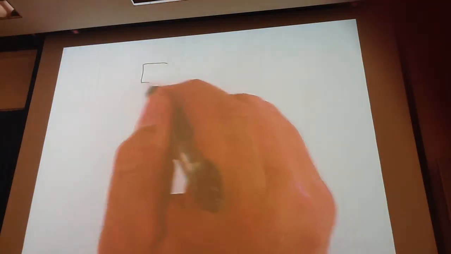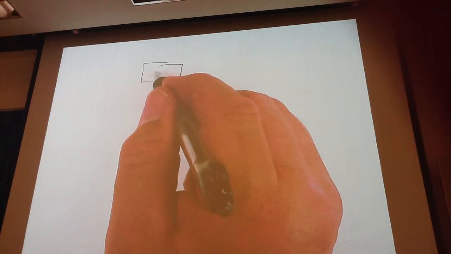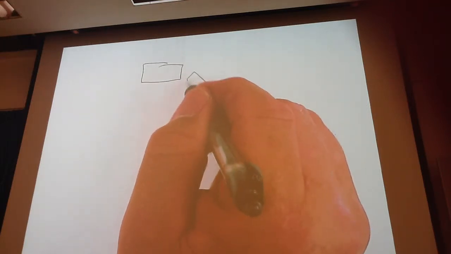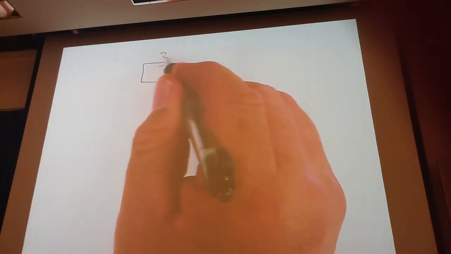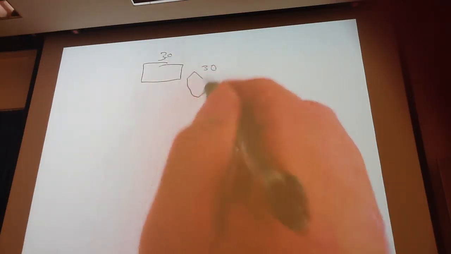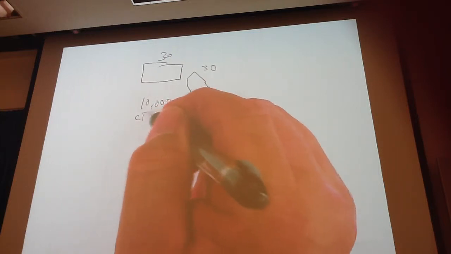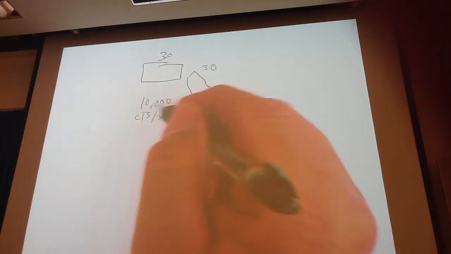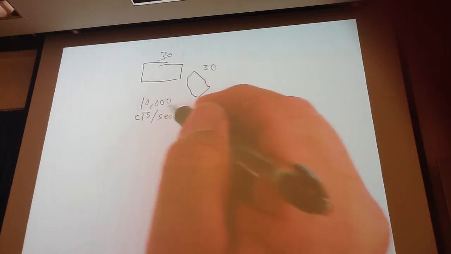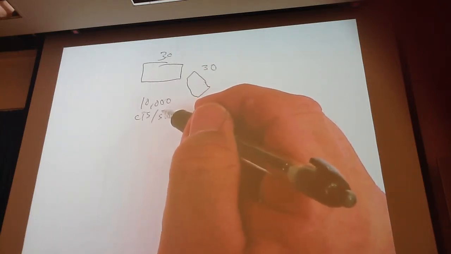Okay, so you have 32 projections, and each one is 20 to 30 seconds in duration. We'll be generous and make it 30 seconds. And you have a 10,000 count per second count rate, if you're lucky. Actually, that's pretty high. Normally it's going to be a lot lower than that.